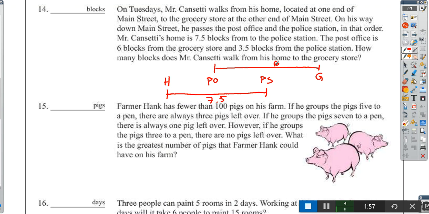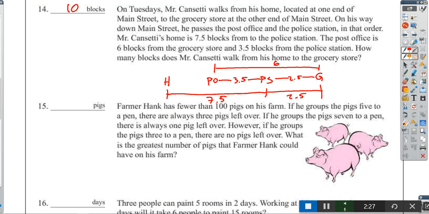And 3.5 blocks from the police station. Oh, well, we just need to find this distance here. Well, from post office to grocery store is 6, and 3.5 of it is taken up here. This must be 2.5. 2.5 plus 7.5 is 10 blocks.